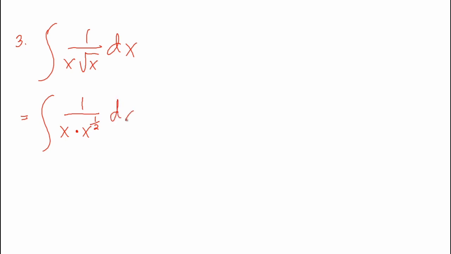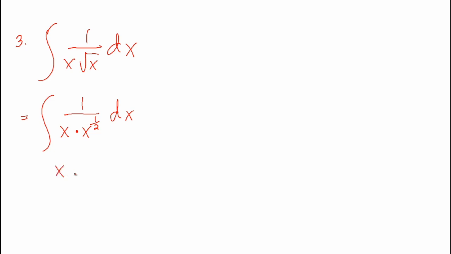Okay, dx. So, by algebra, we have here same base. This is understandable, there is a 1 here and a 1 here. So that is same base. If same base, you have to add their exponents.